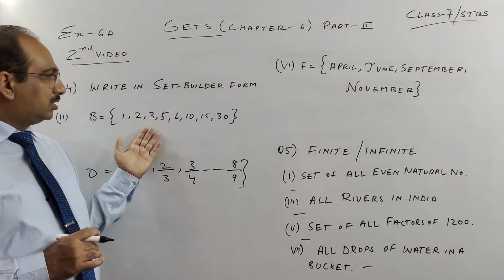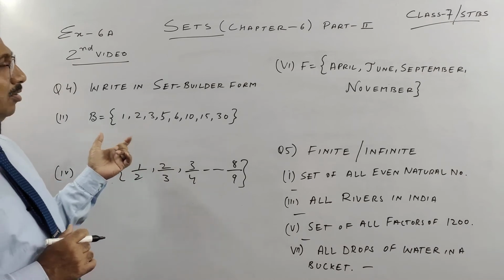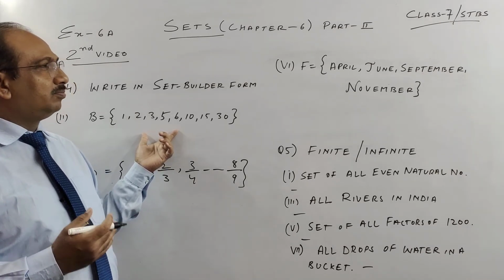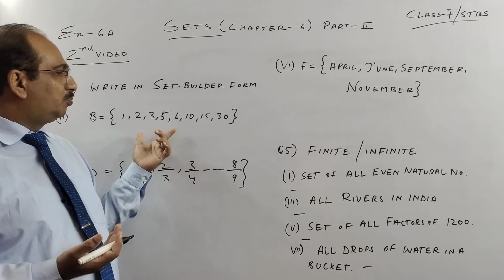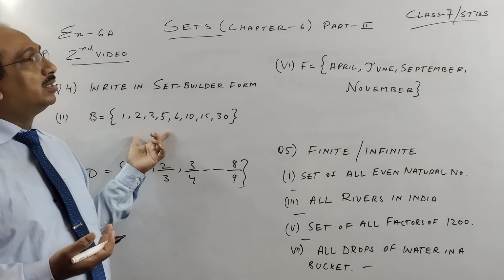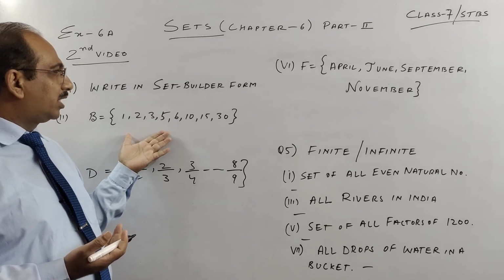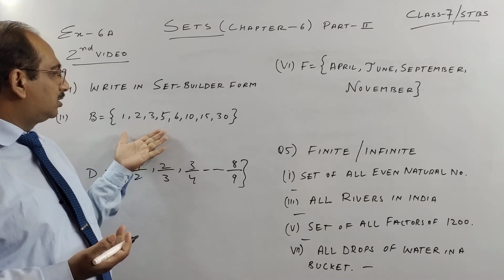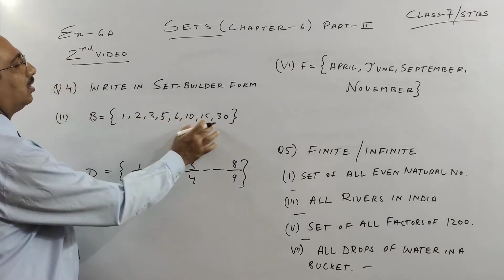If you see, in class 6 I have also put a video, one chapter which I am almost finishing, on factors and multiples, LCM and HCF. Please see part 3 of that, playing with numbers. You will see what are factors and multiples. So we have done this in earlier classes. So all these numbers, if you see, they are factors of 30.